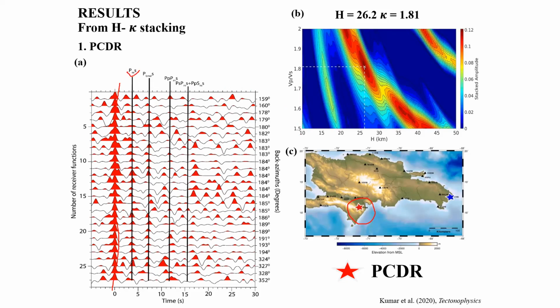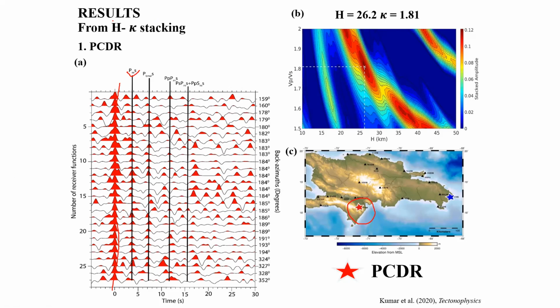M is for the Moho, and this is another Ps converted phase, but it is coming from a discontinuity below the Moho. So this is BMD, the below-Moho discontinuity, and this is the PpPs phase from the Moho discontinuity, and this is the PsPs or PpSs phase from the same discontinuity.